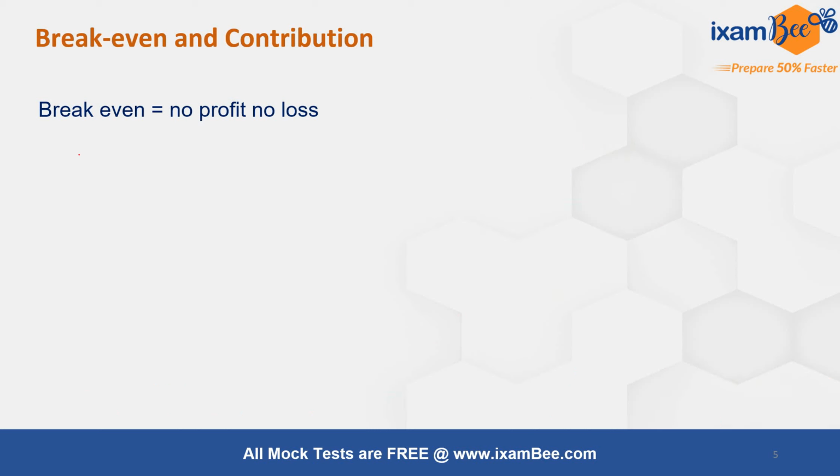Let's move ahead. So we got that break-even sales in unit numbers is given by fixed cost by contribution. Okay, if I simply multiply this by my sales price, this will give me my break-even sales in rupee terms.